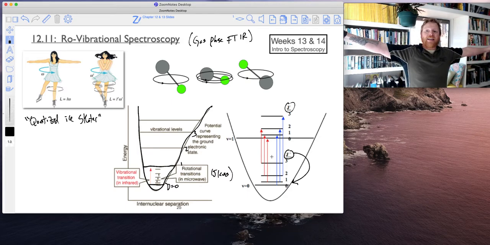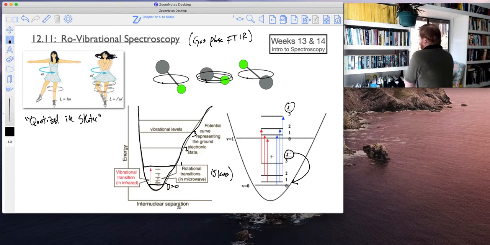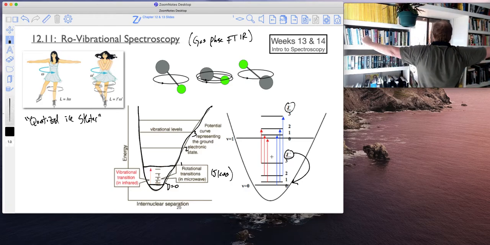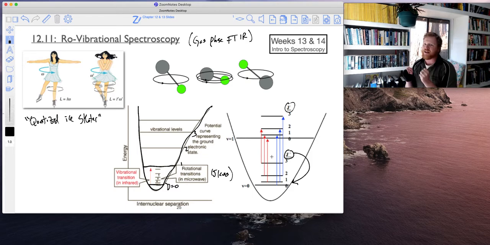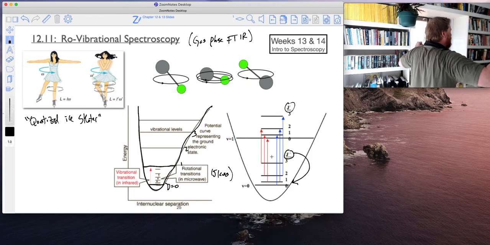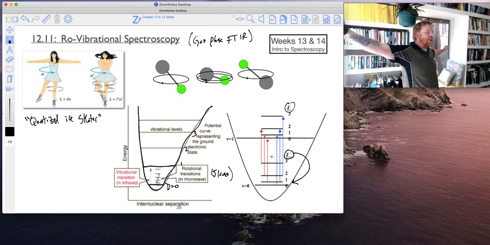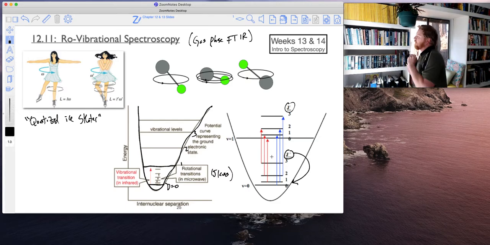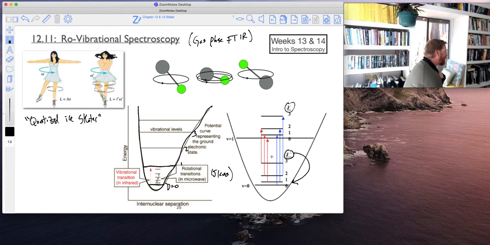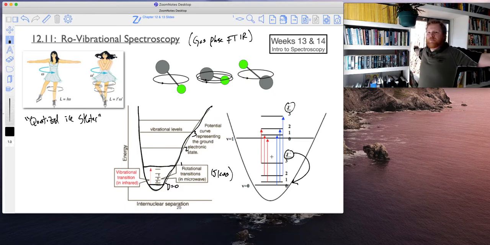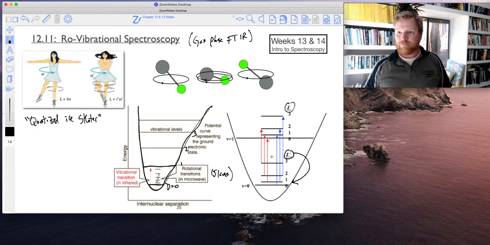But now, as that bond vibrates and comes in, the molecule is going to rotate faster. As it stretches, it's going to rotate slower. And so this process is going to be very dynamic, right? It's going to slow and then increase, and then slow and then increase. I could do this all day long until I get too dizzy, which I think just happened.